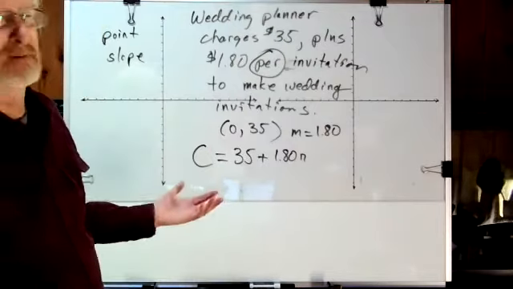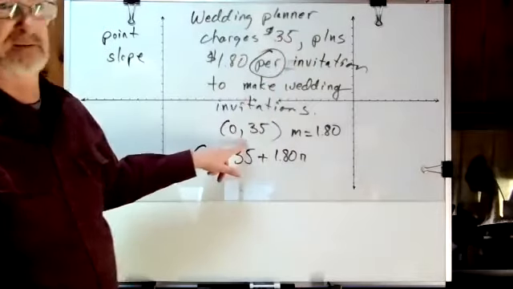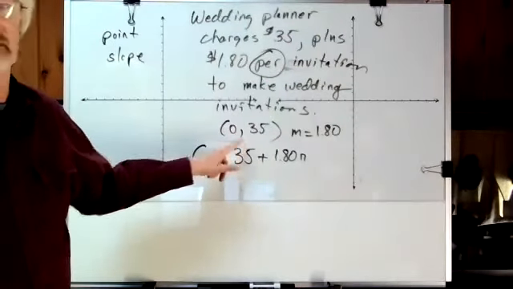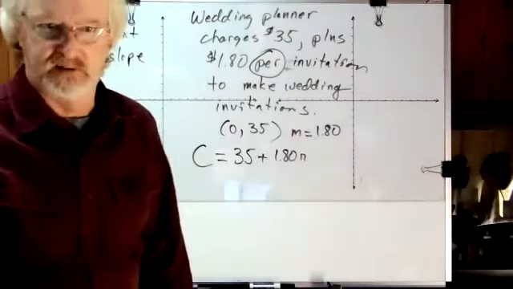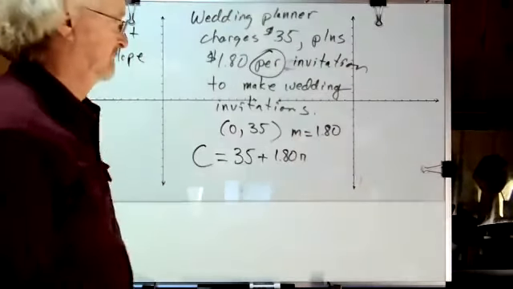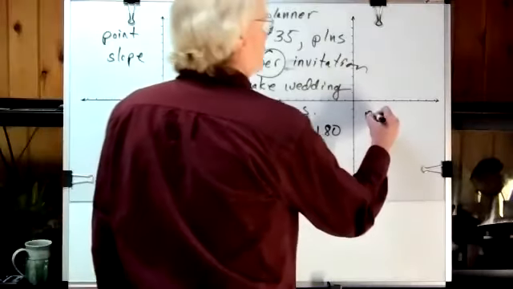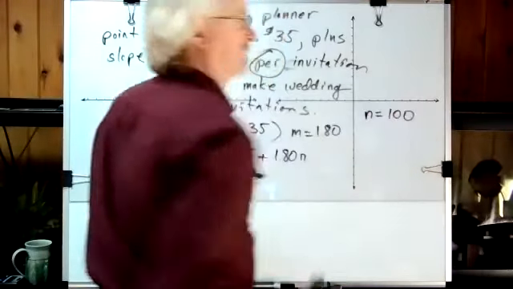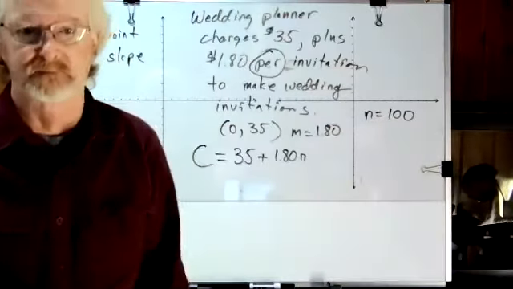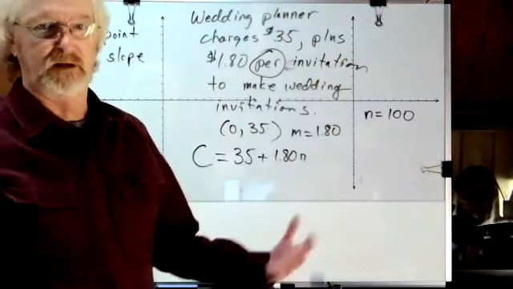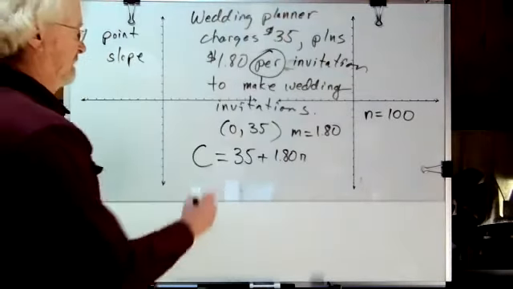It'd be kind of odd, but you've got a basic charge, the y-intercept, $35. If you order 100 invitations, what's your cost? That's a number I plug in for n. I order 100 of them. What's your cost?